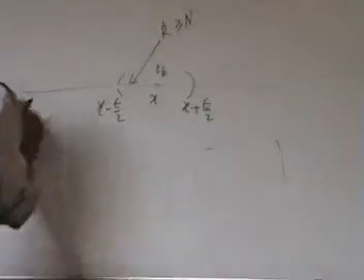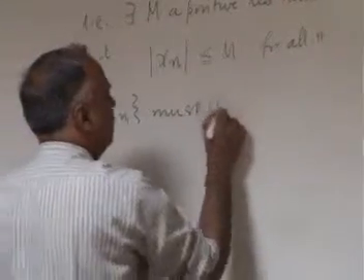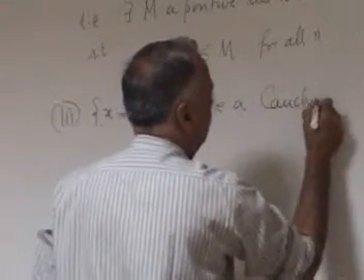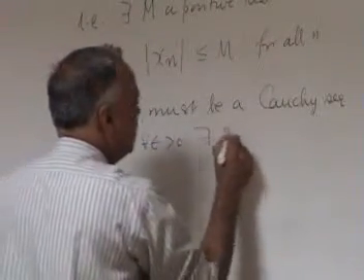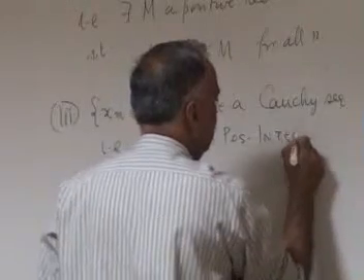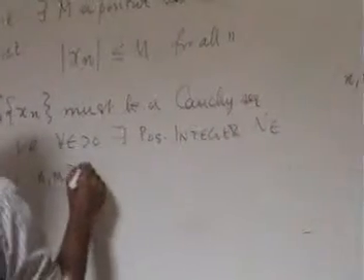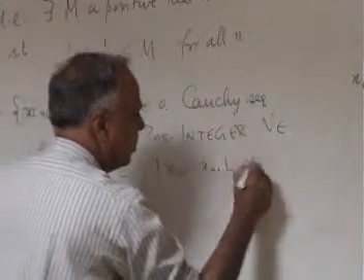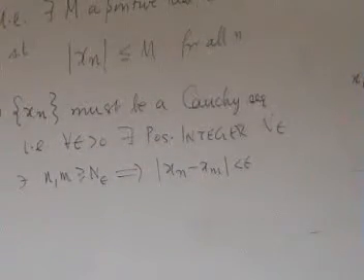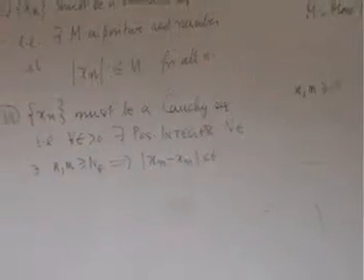So we say that xn must be a Cauchy sequence. That is, for every epsilon positive, there exists a positive integer n epsilon such that beyond that stage, any two fellows will be within epsilon. And the same argument works here, namely xn.